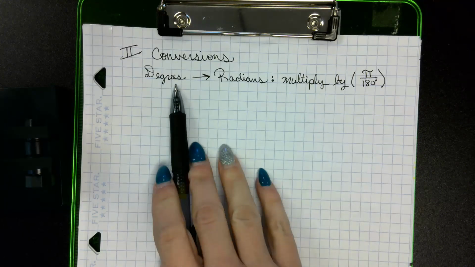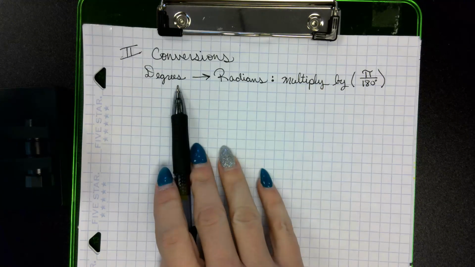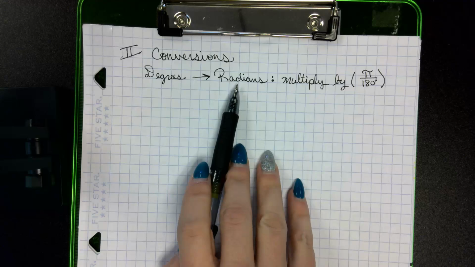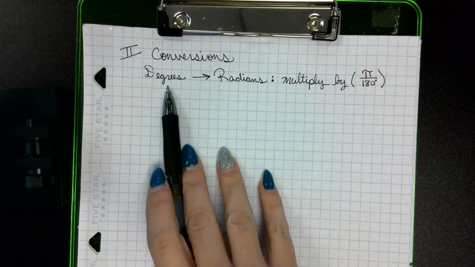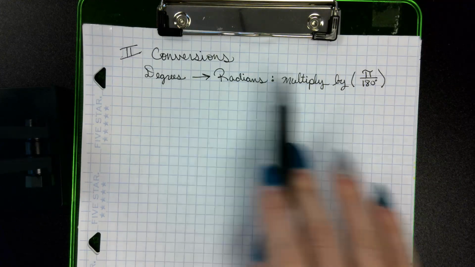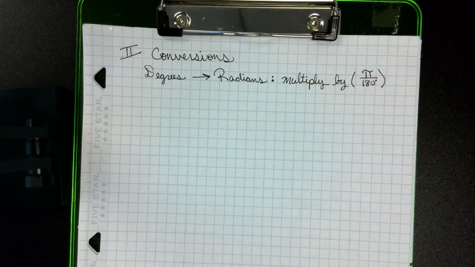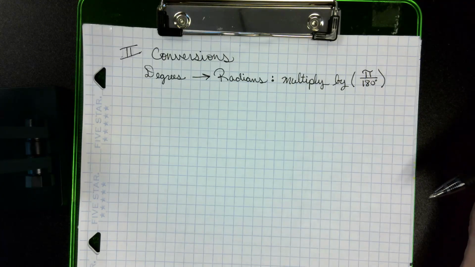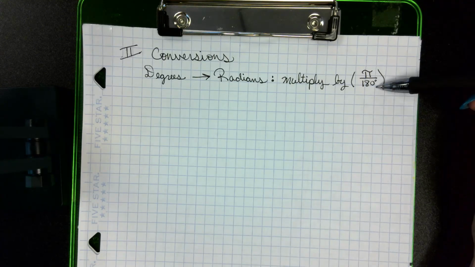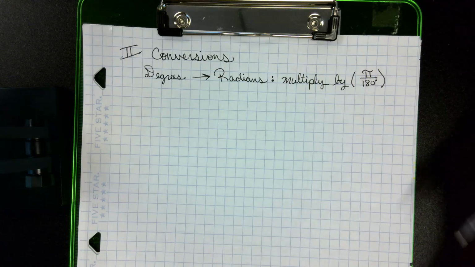Because if you're in degrees, your angle has degrees in it, and you want to go into radians, remember I said every time you're in radians you're going to have a pi in it. So your degree measure is not going to have a pi. So you're going to need to multiply by pi so that you have a pi in your measure. And you need to get rid of the degrees, so you're going to divide it by 180 degrees because that's the degree for a single pi.